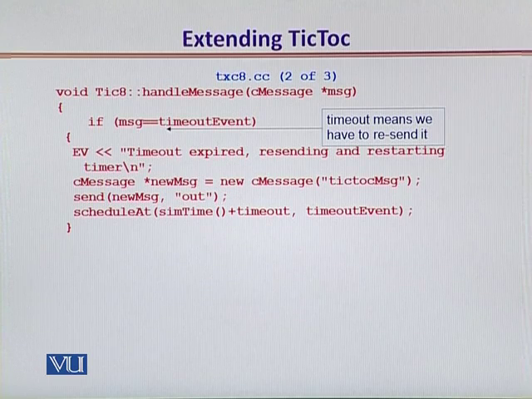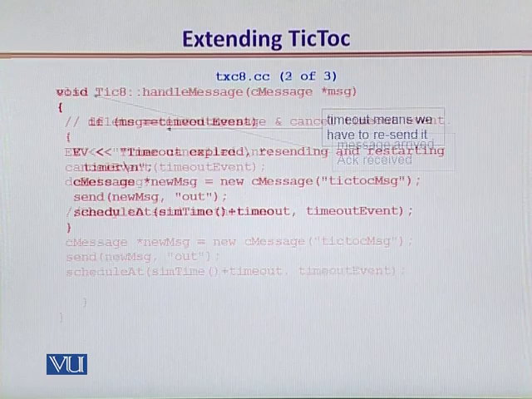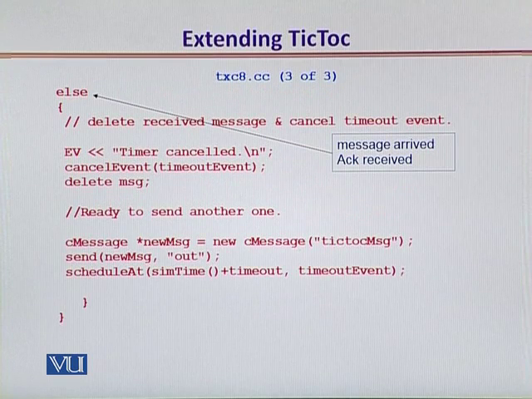So the message that is going to be displayed is the timeout expired and TIC is going to resend and restart the timer once again. And certainly here in the lower part of the code, we see that the event is sent out by using a random timer value.